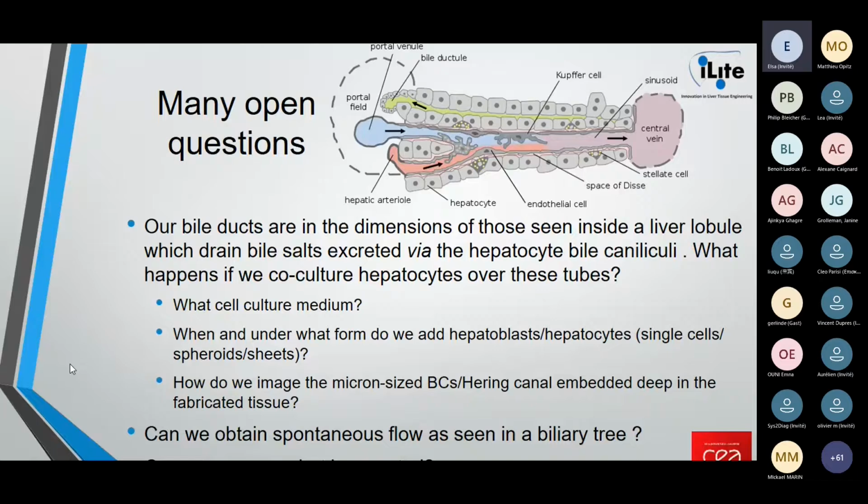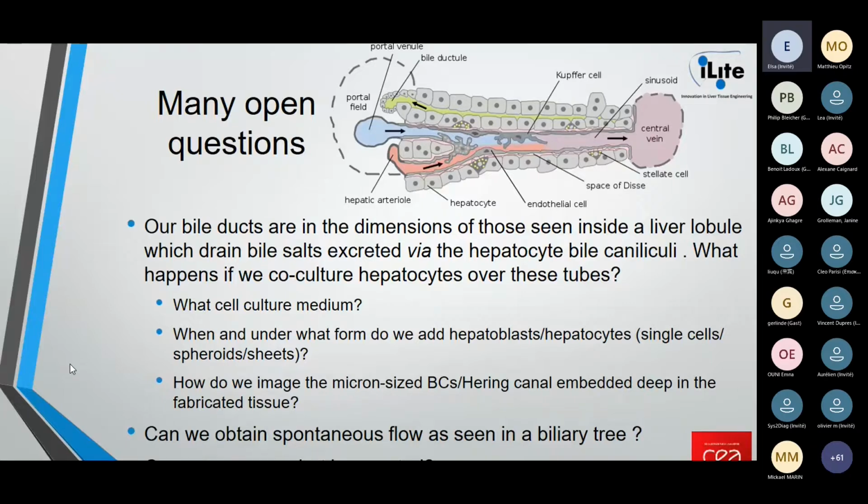Another thing that we are still working on, and are really interested in: I said that the biliary tree is responsible for the transport of bile. So in our stable tubes, is there any spontaneous flow, and can we characterize it?